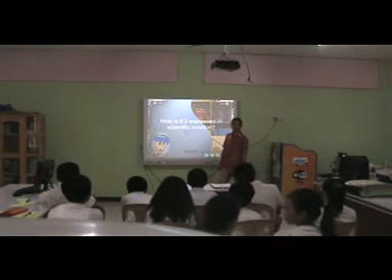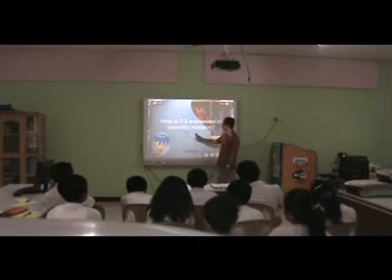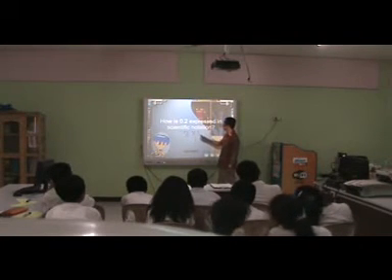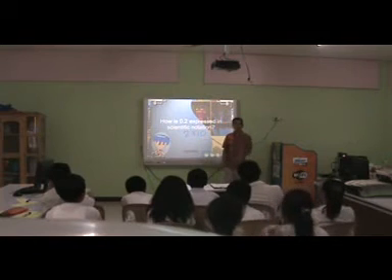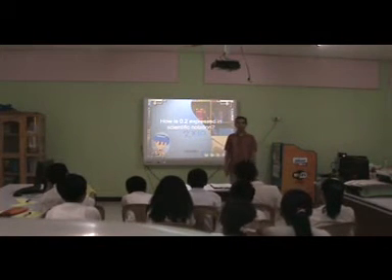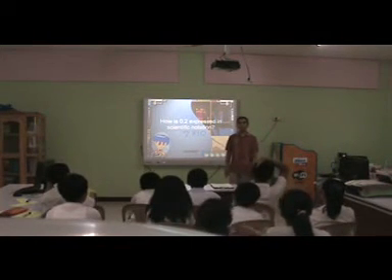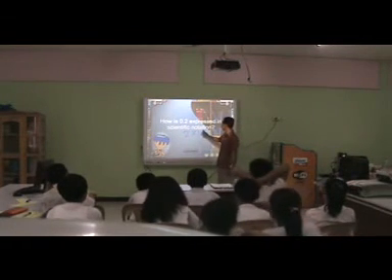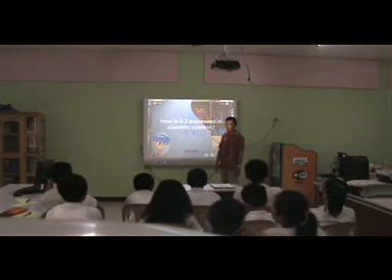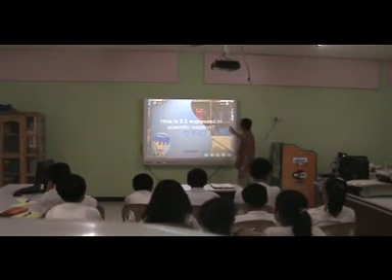How many movements did you make? 1. So times 10, exponent 1. Did I move from left to right or right to left? Left to right. So when I move from left to right, what sign will I use? Negative. So the answer is 2 times 10 raised to exponent negative 1.